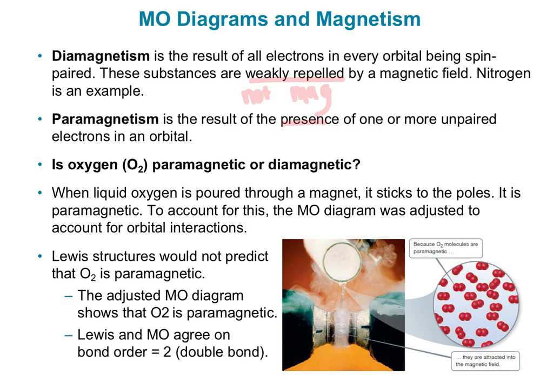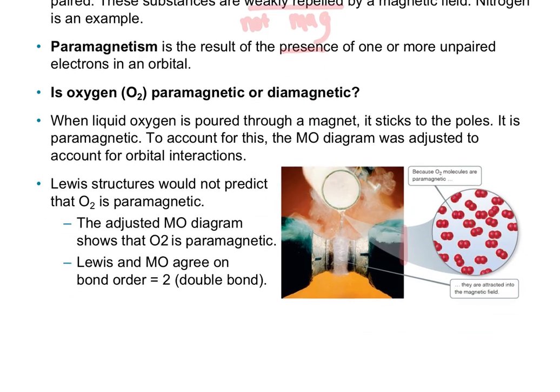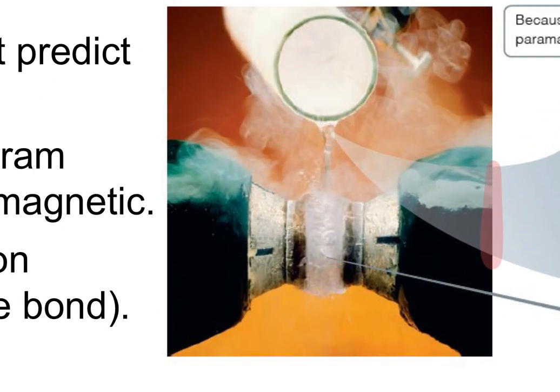So oxygen, if we look back at the diagram, we saw that there were some unpaired electrons, and you see that. So when we pour liquid oxygen, if we look at this picture down here, we pour liquid oxygen by a magnet. Let's see if I can zoom in. It actually does attract to the magnet.